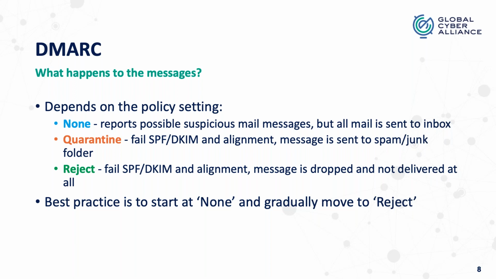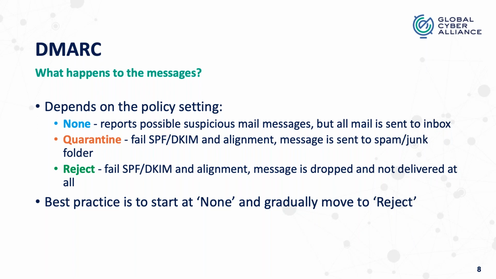At reject, the message is completely dropped. So you need to make sure that at least SPF and SPF alignment and/or DKIM and DKIM alignment are passing. So if DKIM is passing completely, in terms of the alignment passing and DKIM checks passing, you're fine, right? It's not going to fail the message. It has to be both SPF and DKIM, and the alignment has to be off as well in order for this to fail.